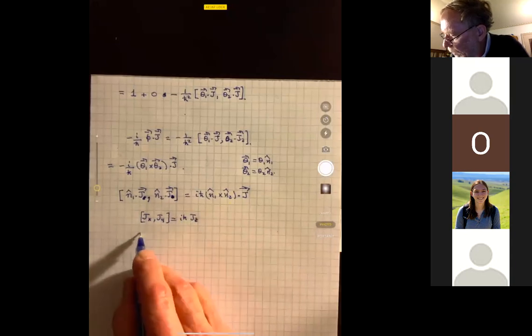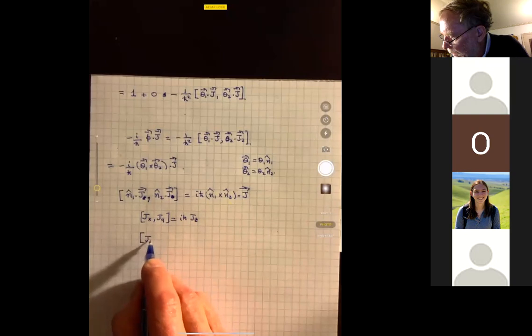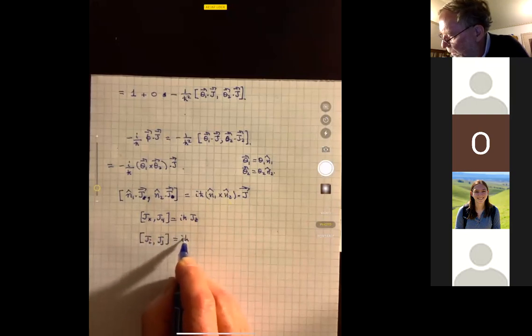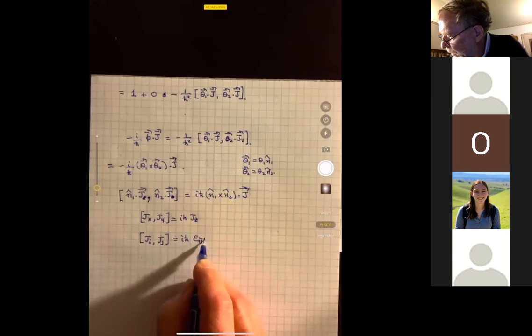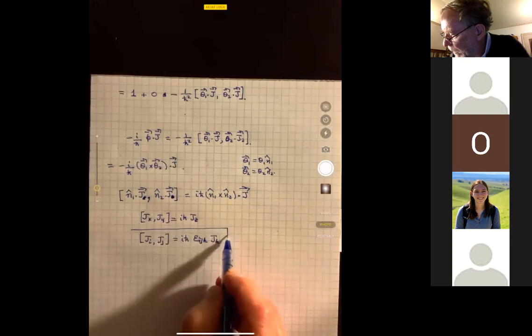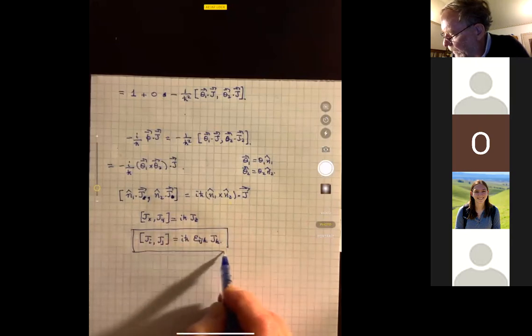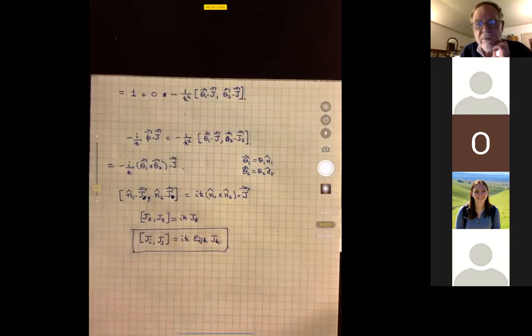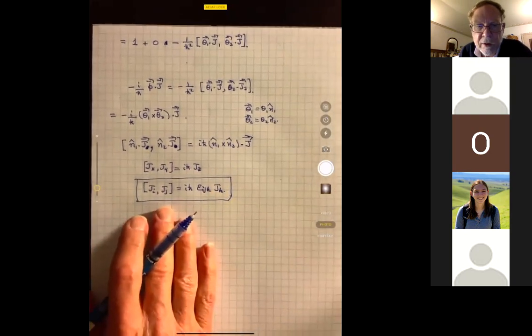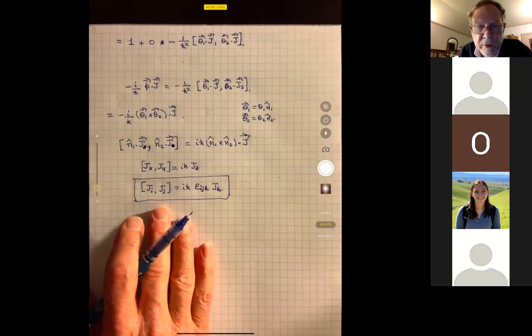And more generally, what we obtain is that j sub i, j sub j commutator is equal to i h bar epsilon ijk, j sub k. And thus, in this manner, we obtain commutation relations for the generators of rotations. That's what these J operators are, as generators of rotations.